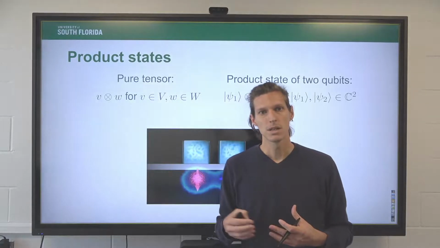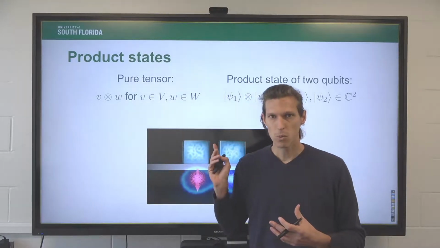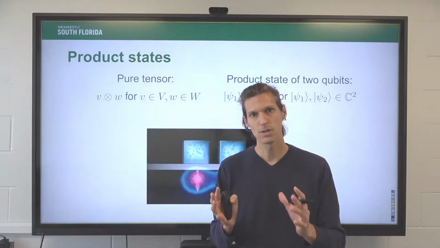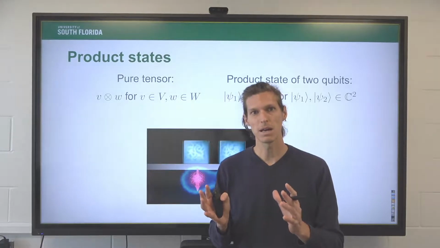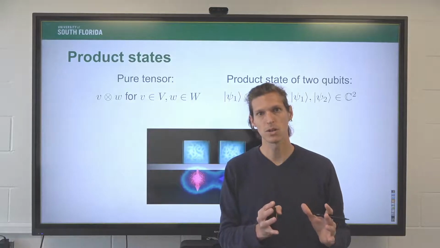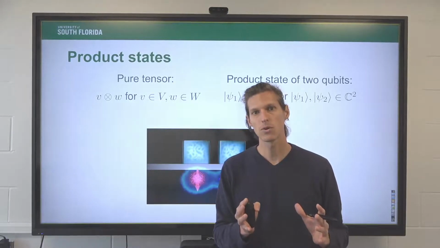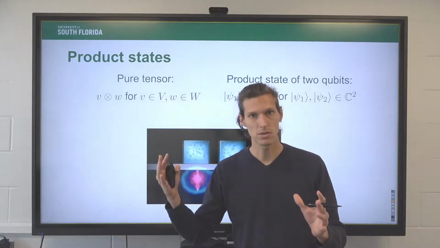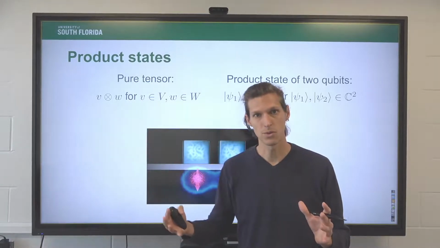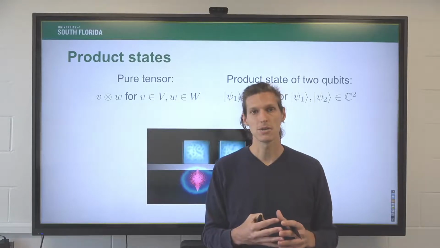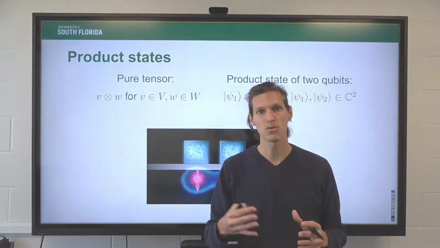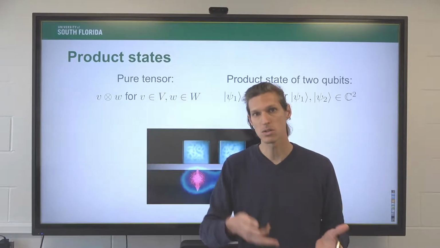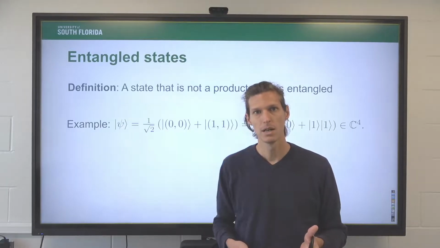But really here, the big takeaway is that those tensor products are going to be the mathematical foundation for the description of multi-qubit states. And of course, once you've tensored C2 by C2, you can tensor another C2 and another C2. So you can describe the state of a system with arbitrarily many qubits, just by iteration.